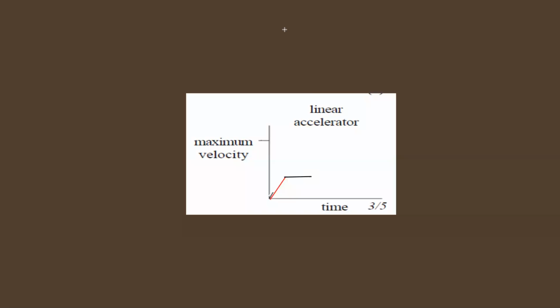Then for the second part, when it comes out from the tube, again there's a voltage that will accelerate it, so it will have a greater acceleration and the speed increases. When it enters the tube, it will be constant.